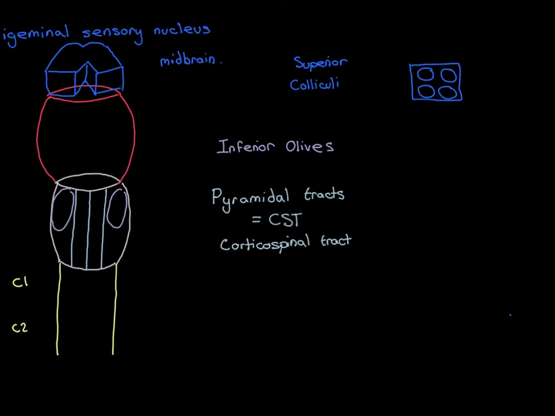Remember, behind the brainstem in the posterior cranial fossa, the bottom portion of the posterior cranial fossa, is the cerebellum, and that has to be connected to the rest of the brain in some way, and the way that it's connected is through these cerebellar peduncles that connect to the brainstem. So when the cerebral hemispheres want to send messages to the cerebellum, they have to go via these connections from the brainstem to the cerebellum.